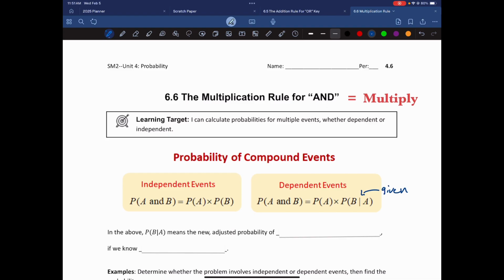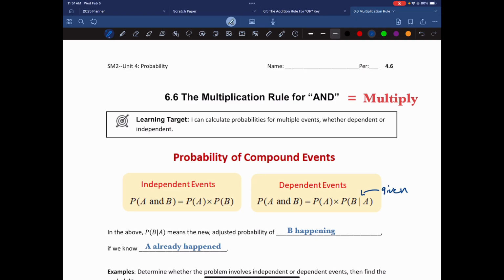It means the new adjusted probability of B happening if we know A already happened. That's the difference between these. In an independent event, you're just multiplying the two probabilities together, but in a dependent event, you have to take into account that, hey, my probability is changing, so I'm not just going to multiply the two probabilities. I have to change my next probability, okay?